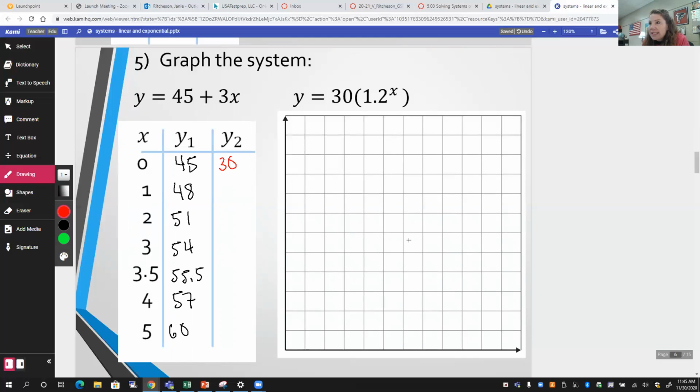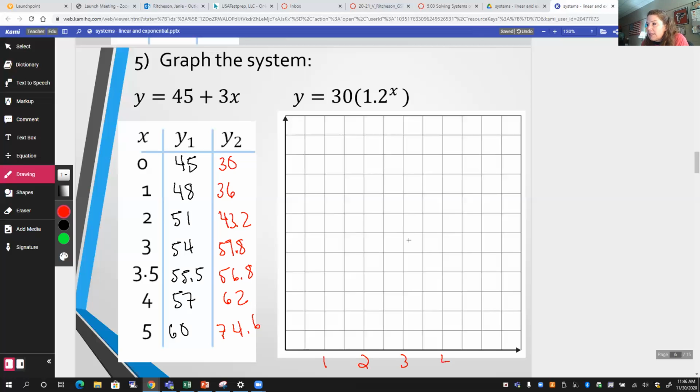This is going to be 36, 43.2, 51.8, 56.8, 62, and 74.6. All right, so since I only go up to number 5, I skipped every other number.